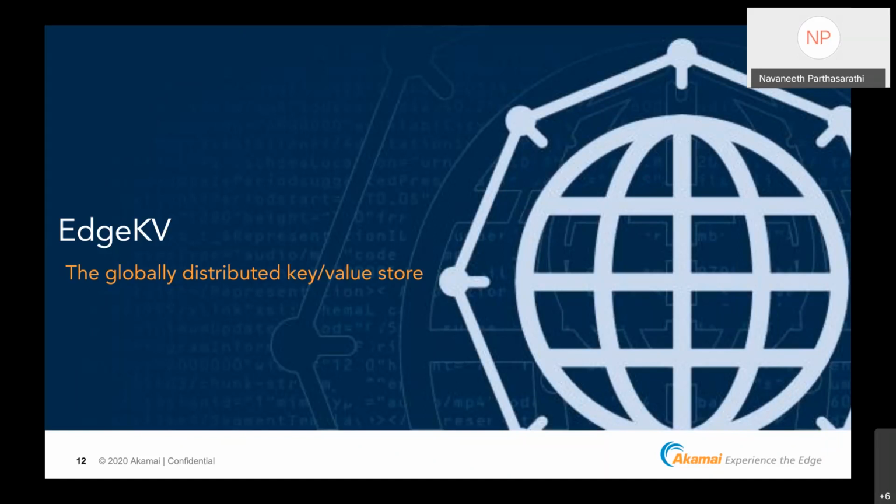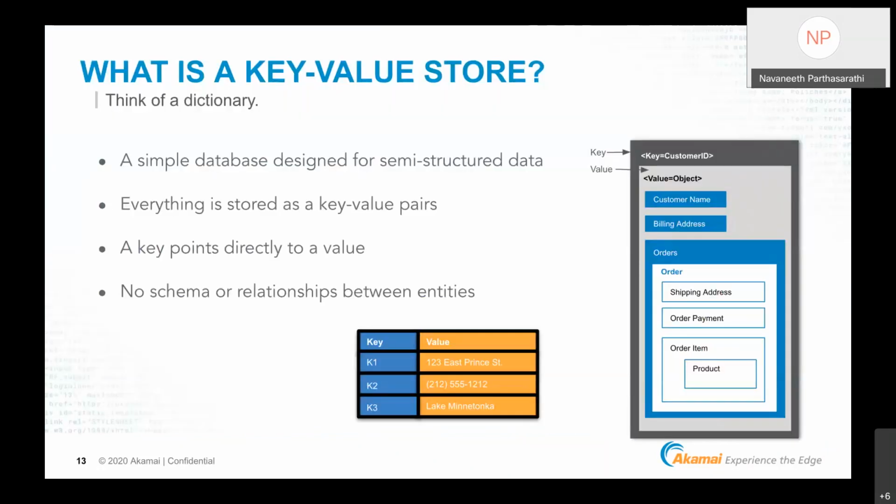Now we'll jump into the next pillar of Akamai's serverless story, which is the HKV. The KV stands for key value store. Now let us understand what exactly you mean by a key value store. A key value store in very simple terms is like a dictionary. It's like how you have a unique word in a dictionary associated with a specific meaning. A key value store is similar to that, where every unique key in a database will have an associated value with it.